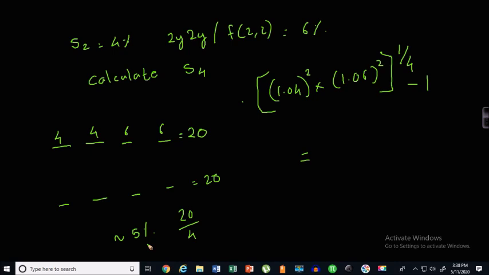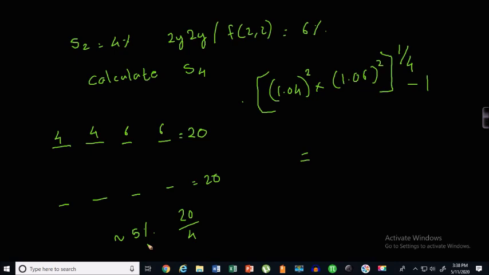Let's solve this on our BA2 plus calculator. 1.04, x square, multiplied by 1.06 into 1.06, and now press the root x button twice. You have to press the root x key twice.